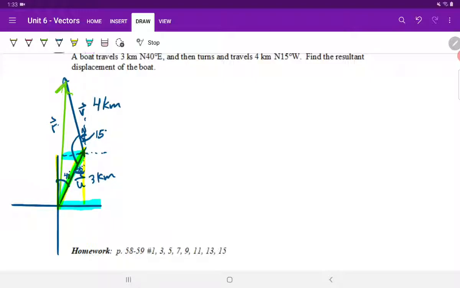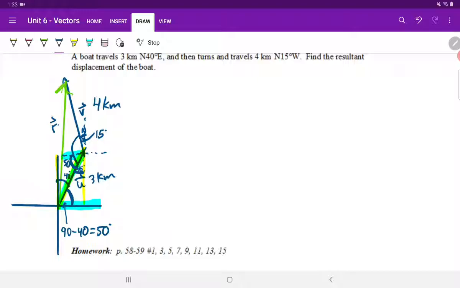That means I might know this angle right in there. What is this angle here? 90 minus 40, which is 50 degrees, which means that this in here is 50 degrees.